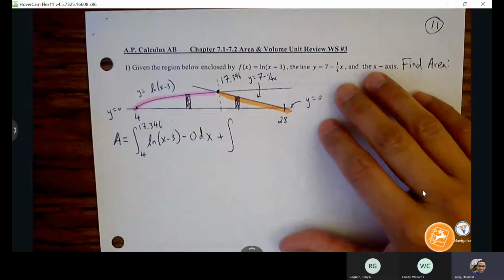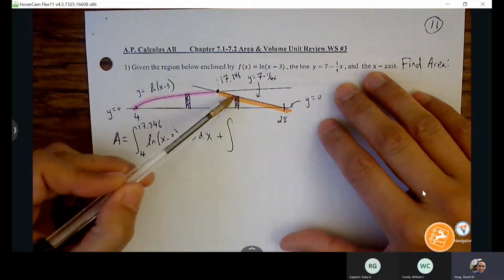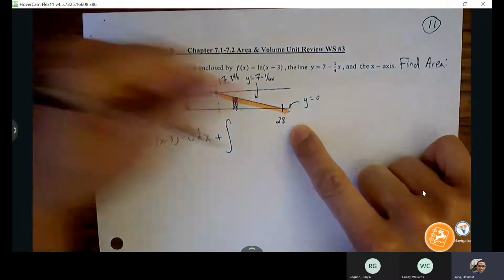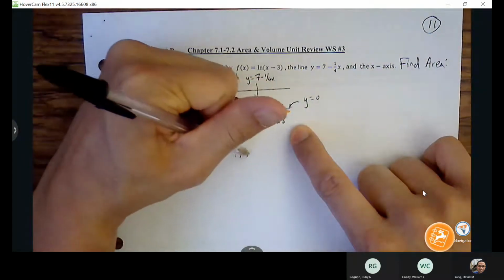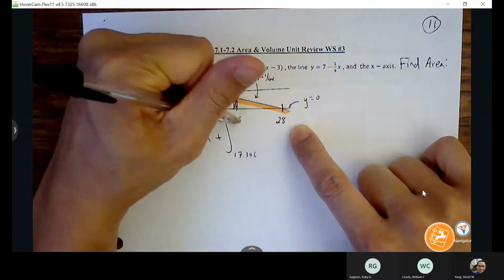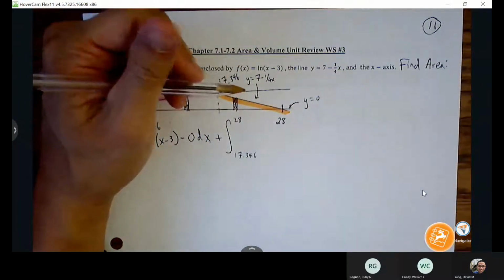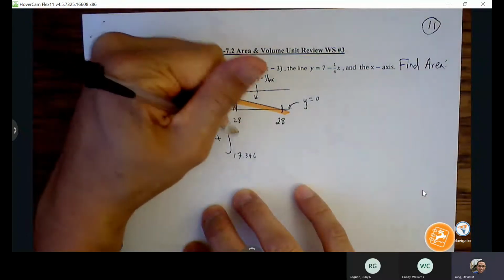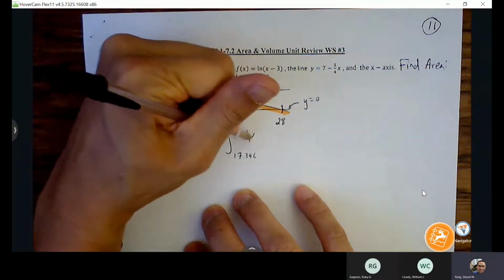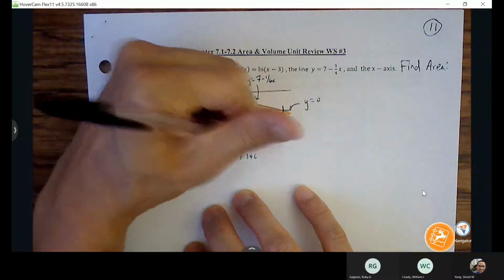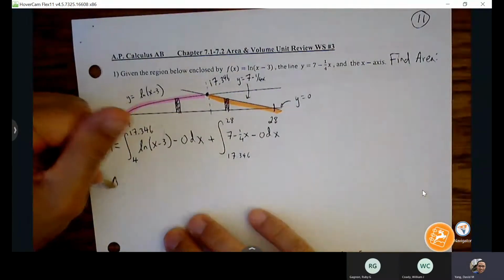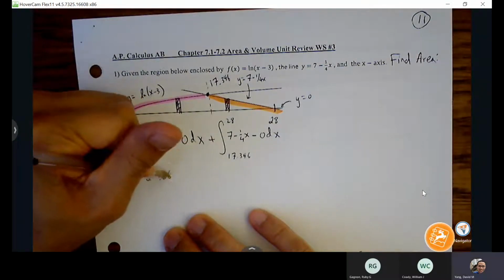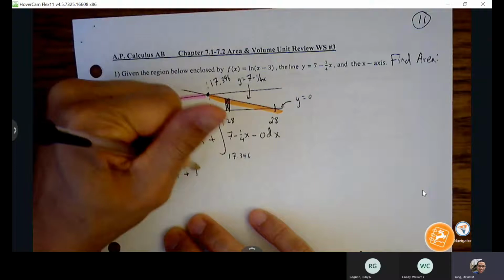And then the second definite integral, 7 minus 1/4 x minus 0 from 17.346 to 28. Use your calculator.